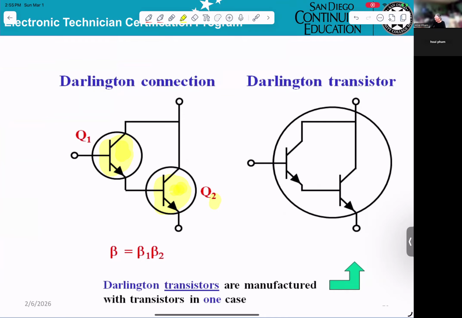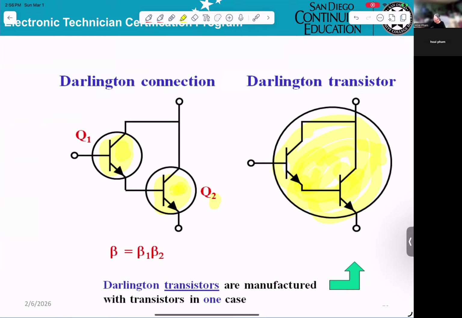If you're working with that kind of circuitry, be careful, anything shorted to ground, you will be cooked right away. Or you can buy one, they make a Darlington transistor. Instead of you connecting it from outside, they already connected it inside.